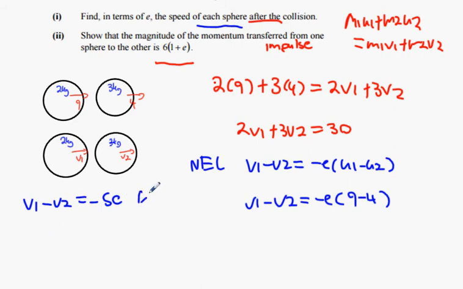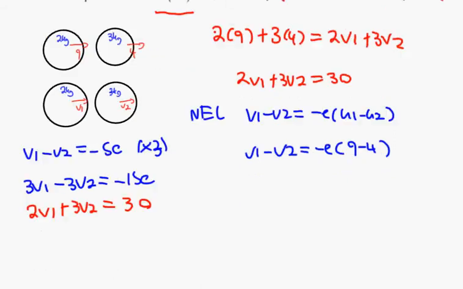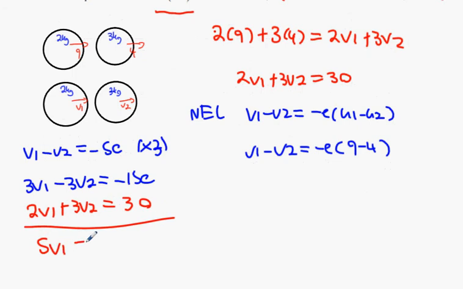I'm going to multiply this by 3. So I'm going to get 3V1 minus 3V2 equals minus 15E. Then 2V1 plus 3V2 equals 30 underneath. I'm going to get 5V1 equals 30 minus 15E. V1 equals 6 minus 3E.